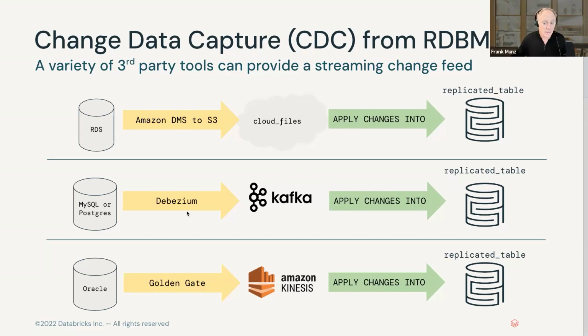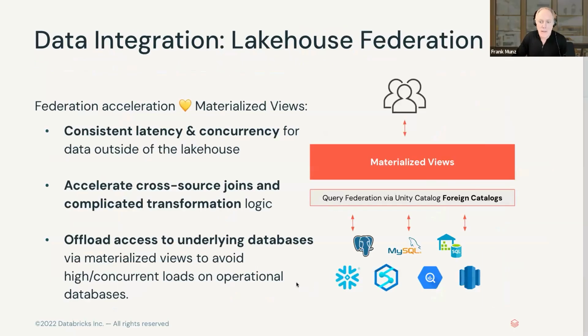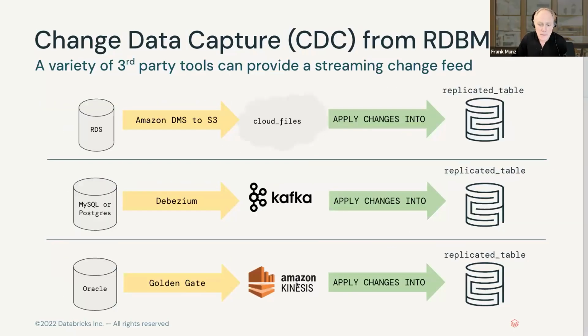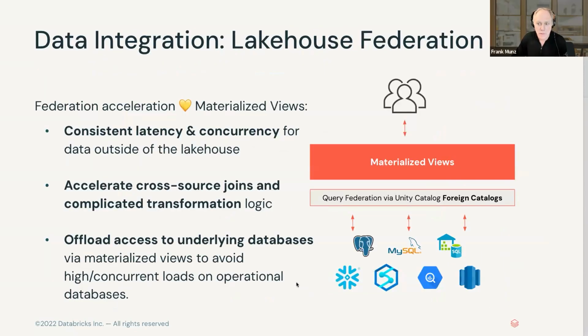It could be Debezium, that's an open source project as well. It could be Oracle GoldenGate, where you get this change data stream from Oracle, you put it in Kinesis, and then you can also use DLT and apply these changes into a table. So it's called apply changes. That's the syntax. Don't worry about it. That's just the pointer I wanted to give you.